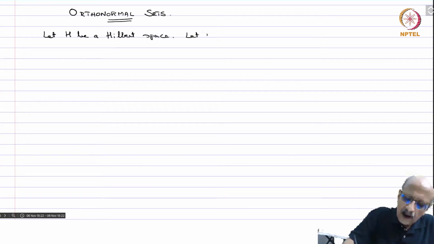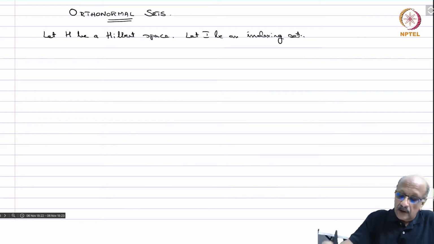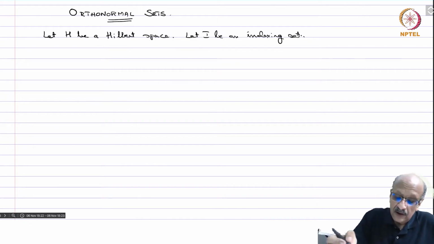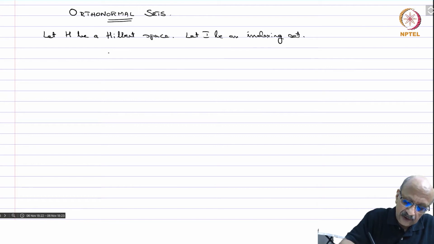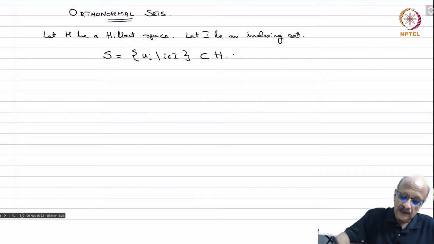Let I be an indexing set. It could be empty, it could be finite, it could be countable, it could be uncountable. Okay, so let S be a collection of vectors ui, i in I, be a collection of vectors in H.